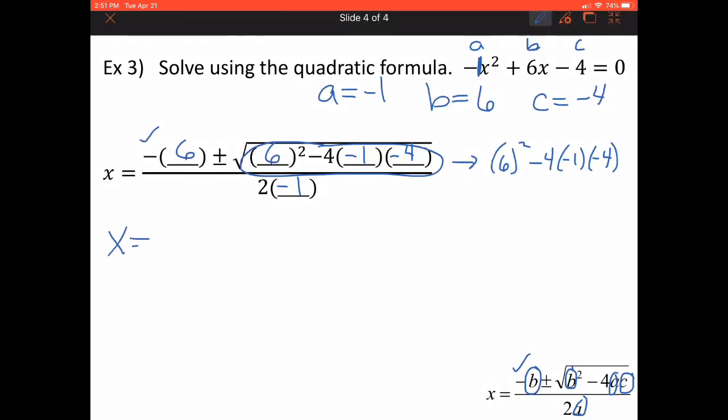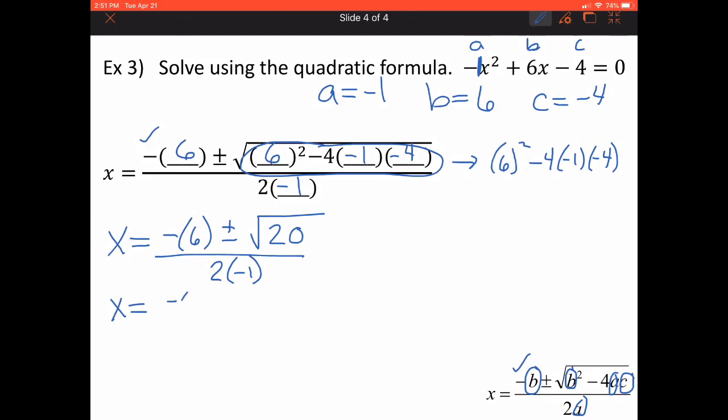So x equals negative parentheses 6 plus or minus the square root of 20, all over, still have 2 times negative 1 in the denominator. Now I'm going to get rid of those other parentheses. So x equals negative of 6 is just negative 6 plus or minus the square root of 20 over 2 times negative 1, which is negative 2.